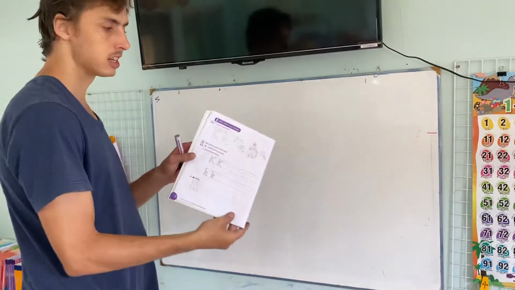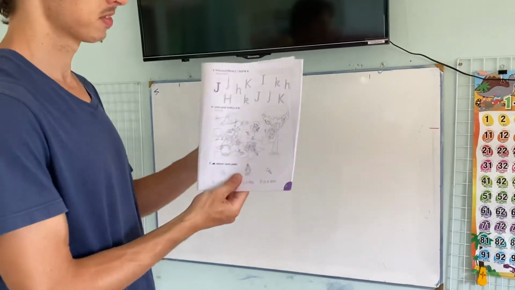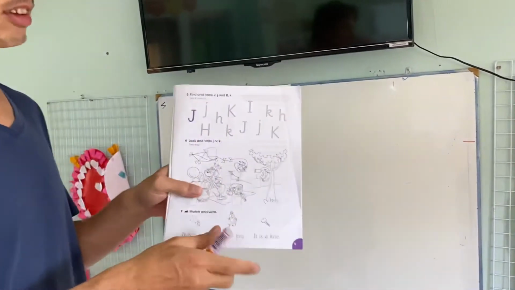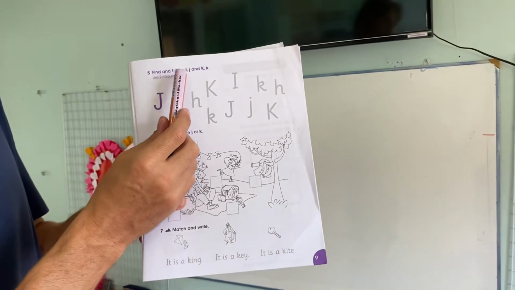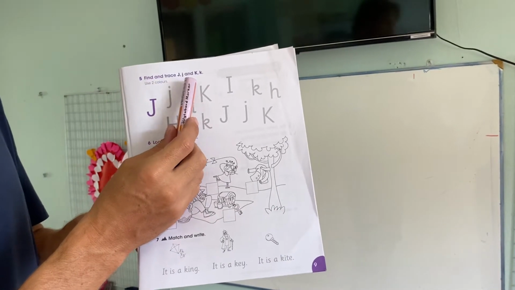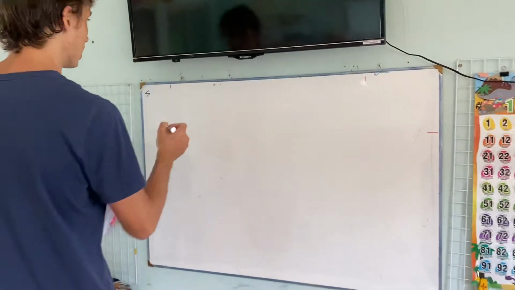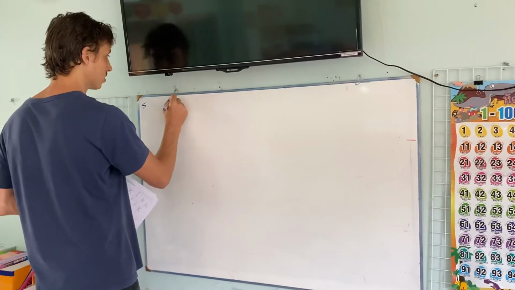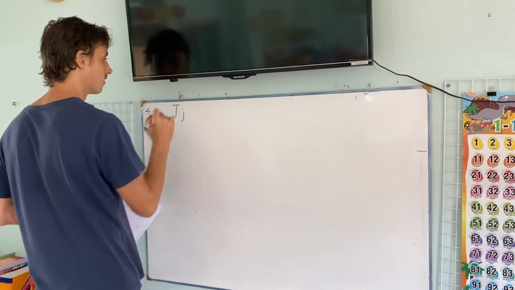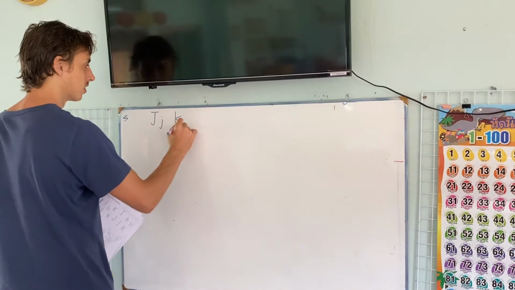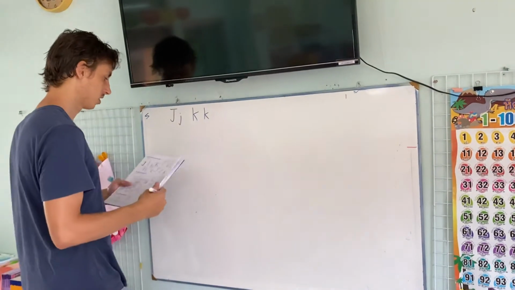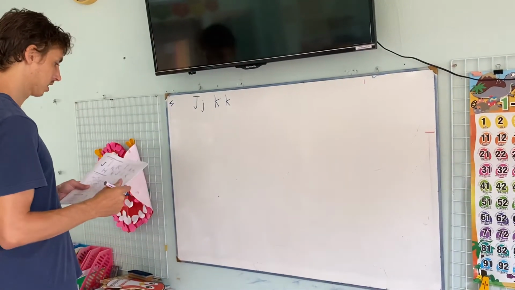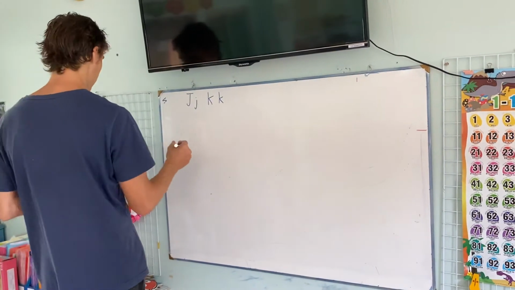And we will turn the page over to the next page. And here we see, let's read. Find and trace J and K. So we have to get the big J, small J, J and K. Okay? So what do they have here? Let's see.